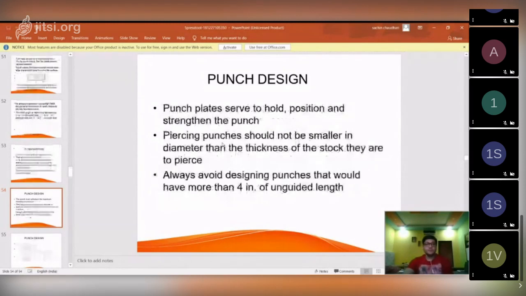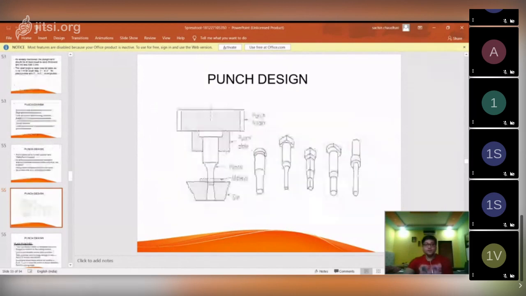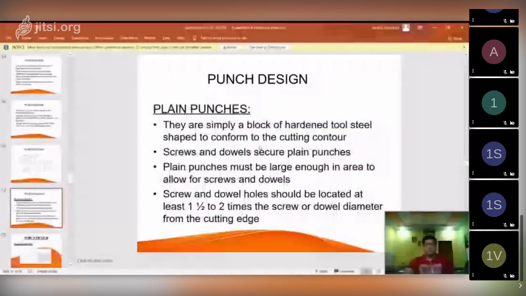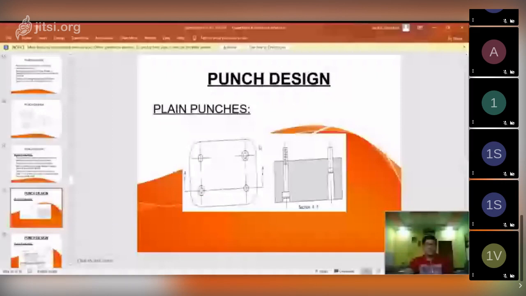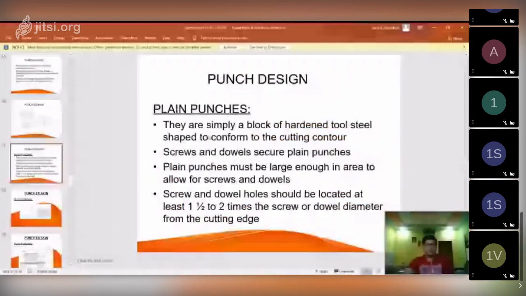In that we saw the different types of punch. Then we saw the types of punches, plain punches and pedestal punches. In plain punches, it is a simple block of hardened steel, right?